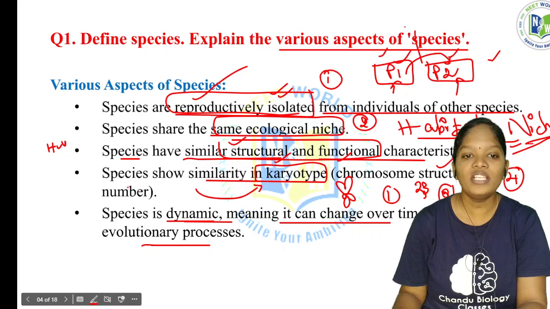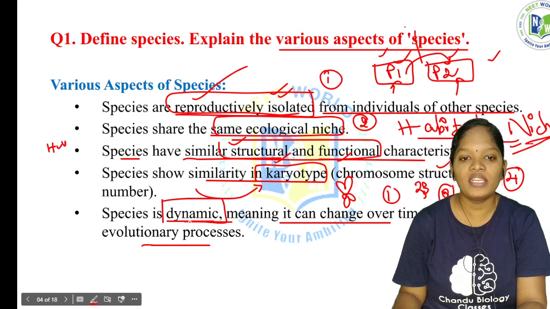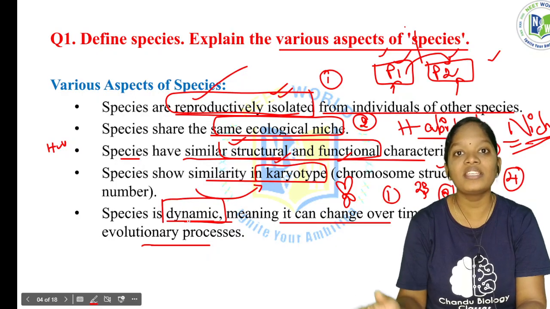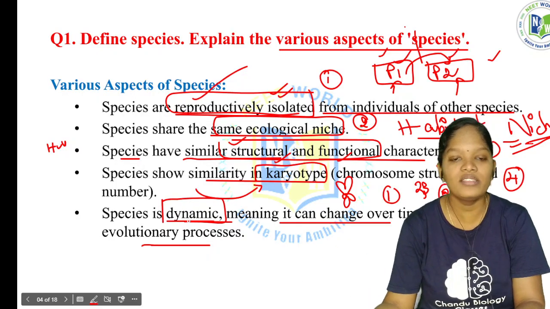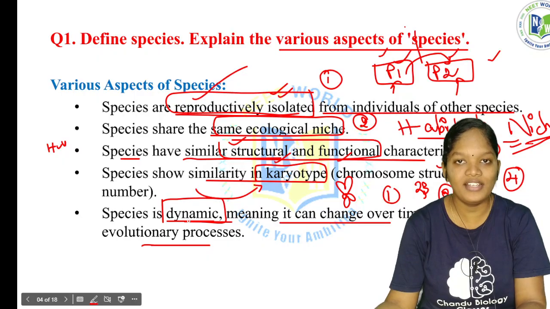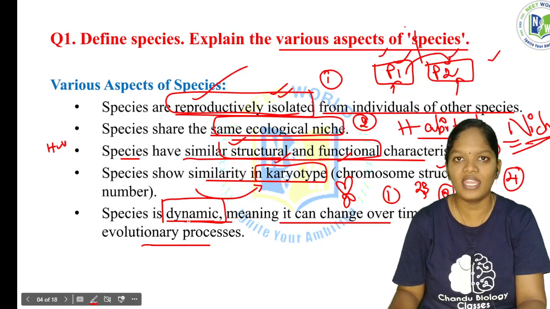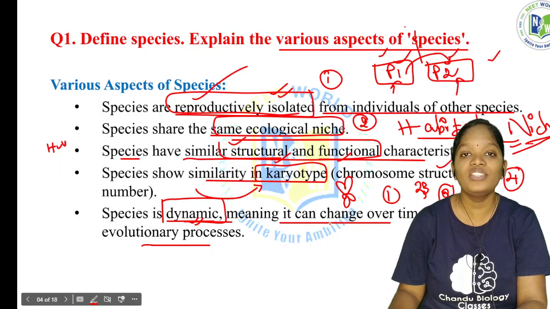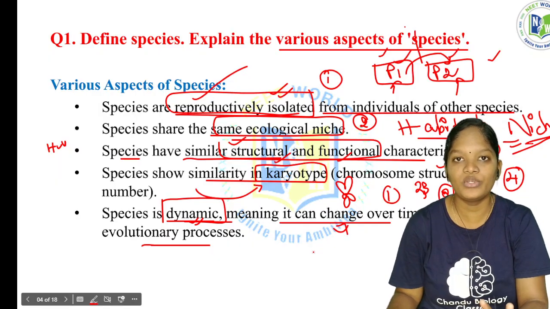So that is why we say species is dynamic. The human we see now may change a million years after, after a billion years, after 100 years, whatever can happen. So species is dynamic, they adapt, they can change over time due to the evolutionary process.